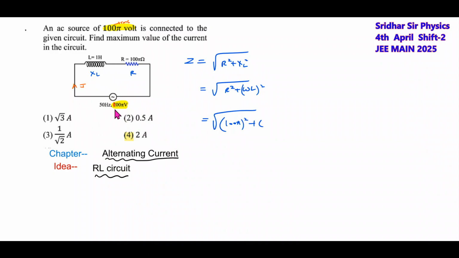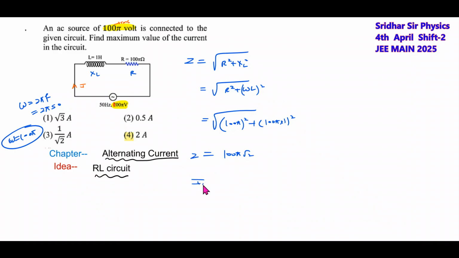Omega will be 2 pi F, with F being 50 Hz, so 100 pi. The L value will be 1. So this will be, I think, 100 pi root 2. Okay, this is the impedance value.